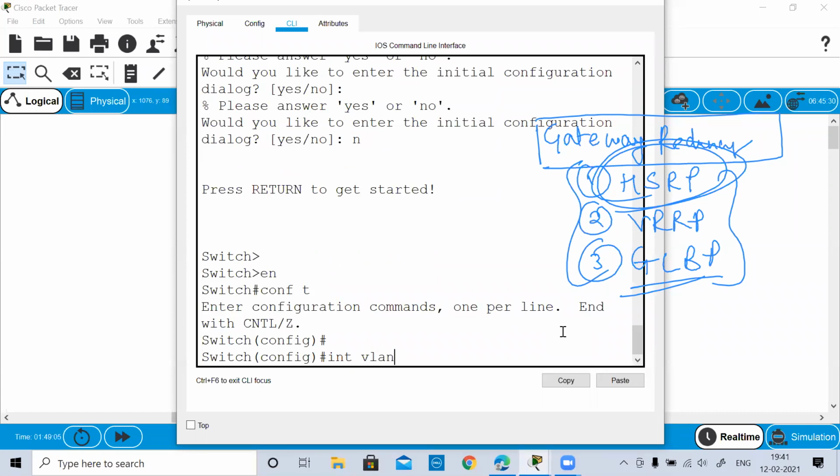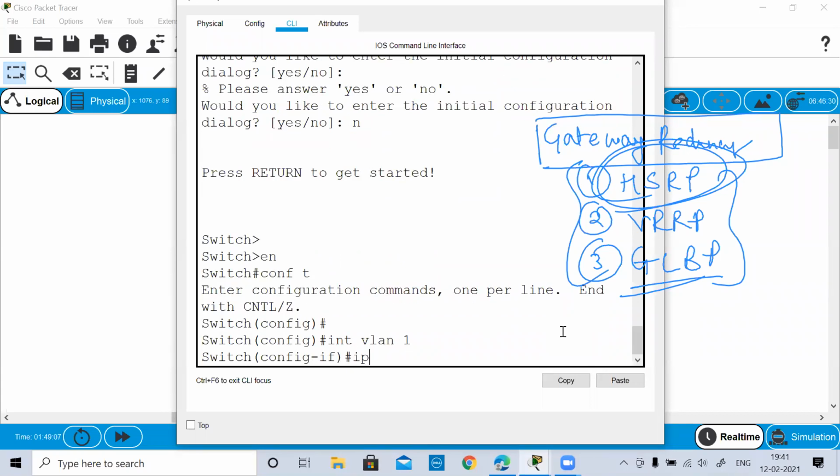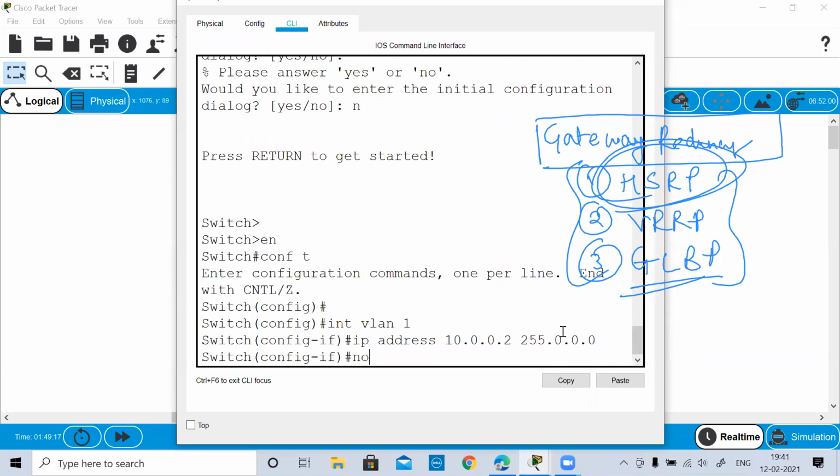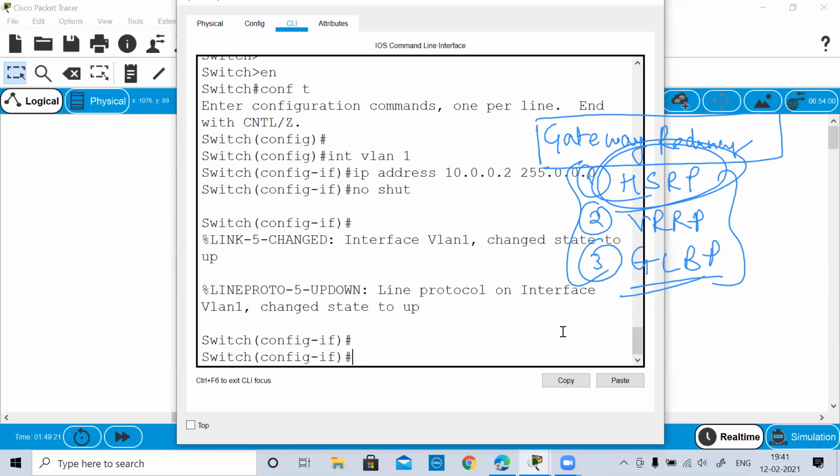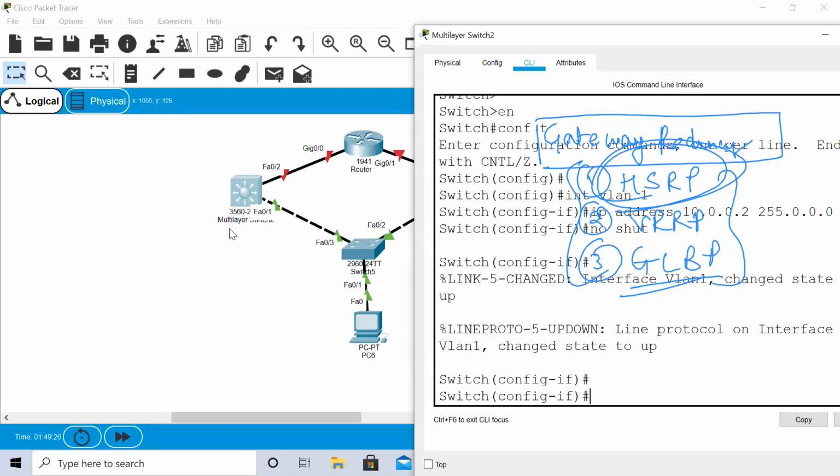So here on VLAN 1, I'm going to assign the IP address 10.0.0.2 followed by the mask and say no shut. On the second, see, this is a multi-layer switch, so it has the capability of a switch as well as a router.